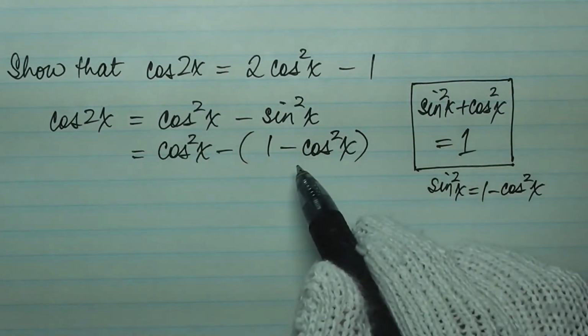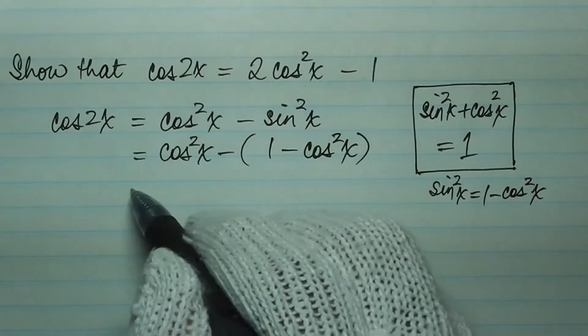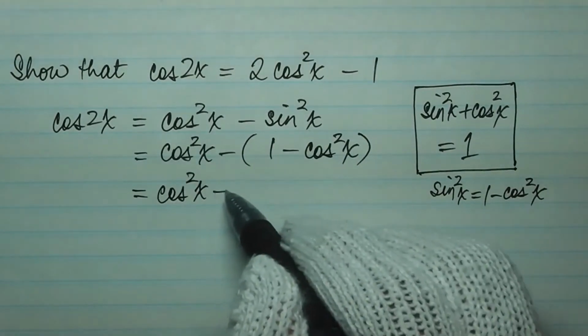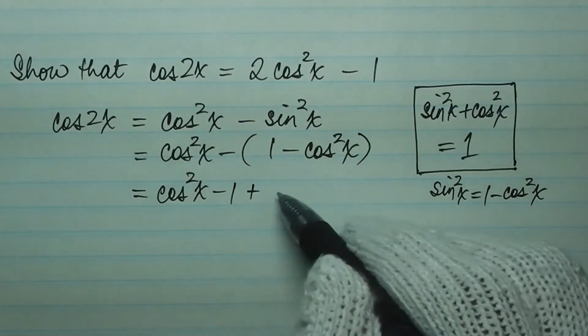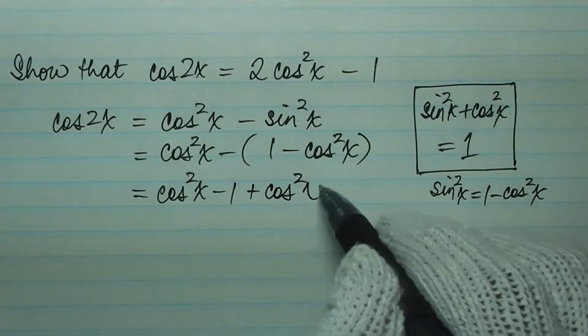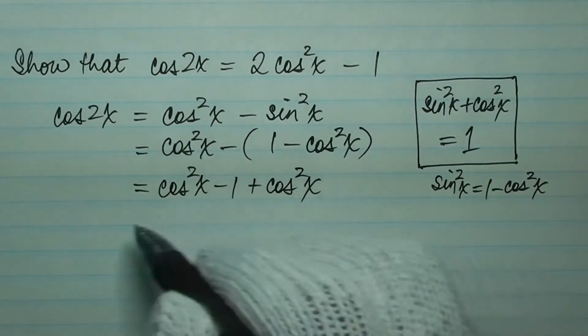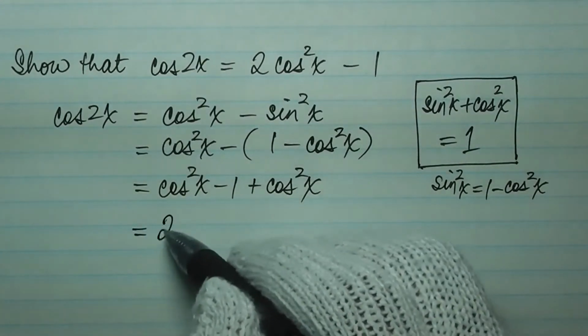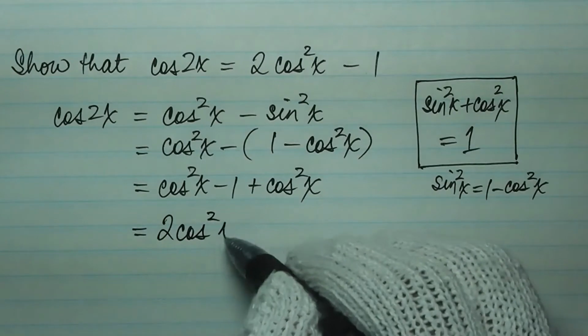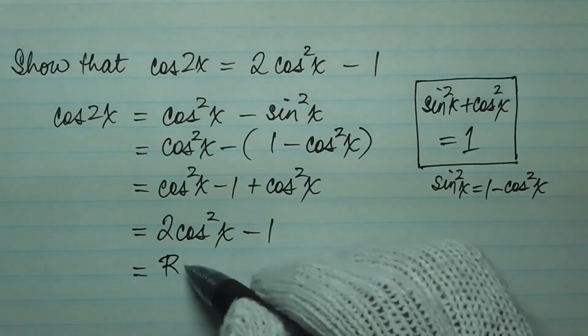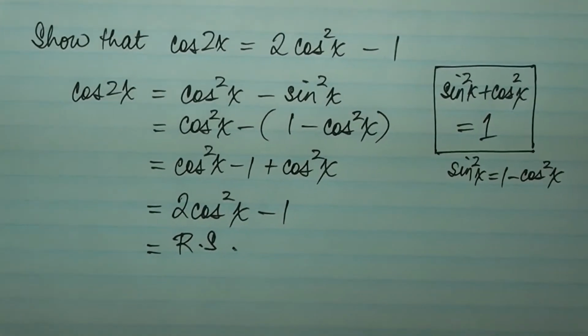That's where I got that from. Alright, that's equal to cosine squared x minus 1 plus cosine squared x. And when you add cosine squared x and cosine squared x, you add them up, that's going to give you 2 cosine squared x minus 1, which is, you guessed it, the right side.